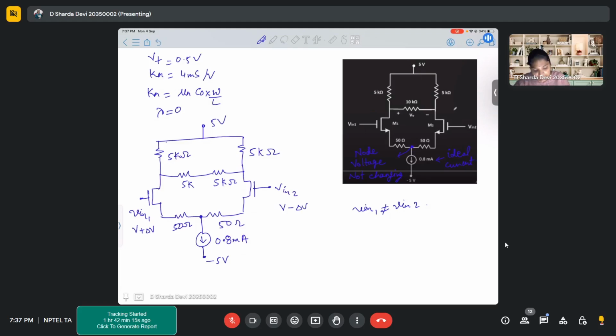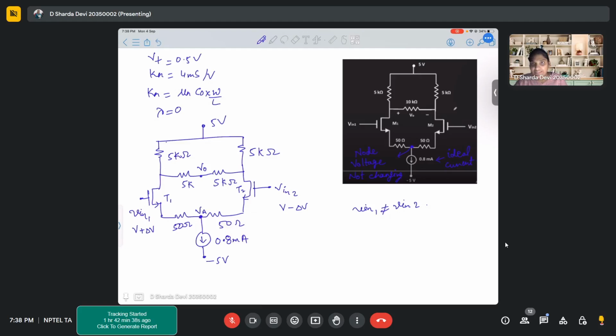Now we said that this node voltage VA, let's write it as V naught. So we already said that VA is not changing. VA is fixed. Now when VA is fixed, for these two transistors T1 and T2, if you observe very carefully, for T1 your VGS has actually increased, right?